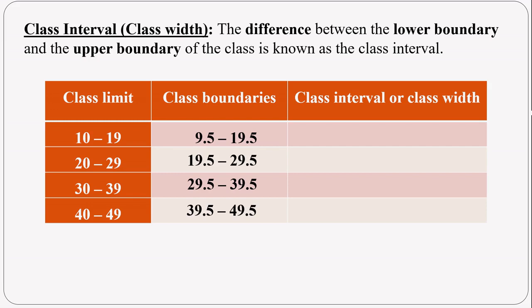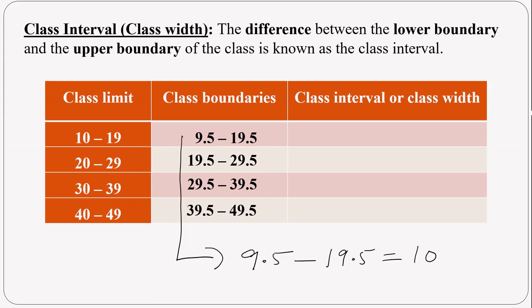Now, here we need to find the class interval. To find the class interval, we need to take the values from the class boundary, not from the class limit. Okay. So how to find the class interval? Let me bring the steps down. First one, 9.5 minus 19.5. How much are we getting? Can you calculate and tell me, dear students? We are getting 10.